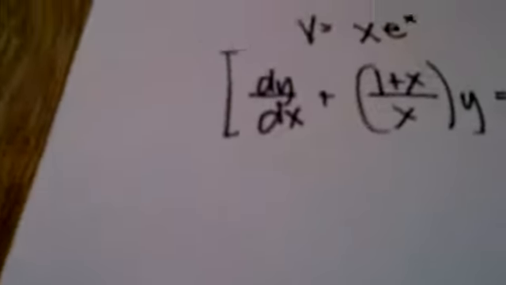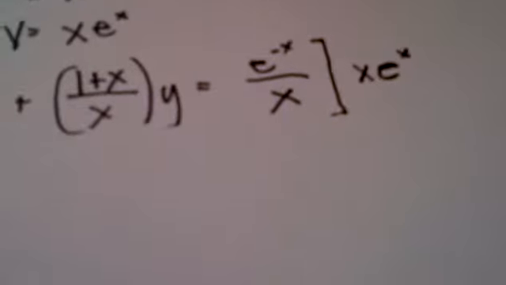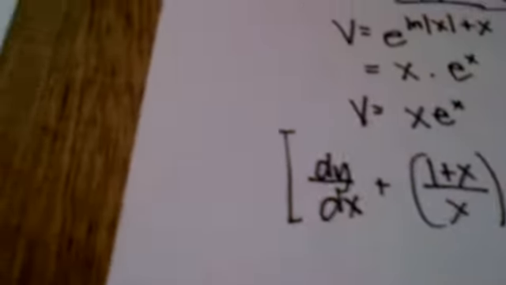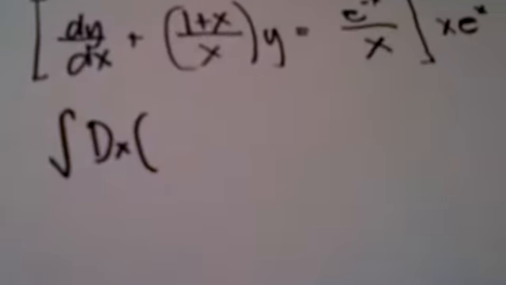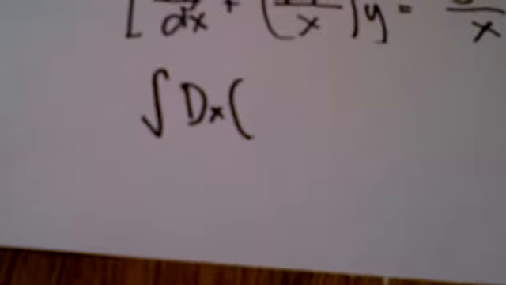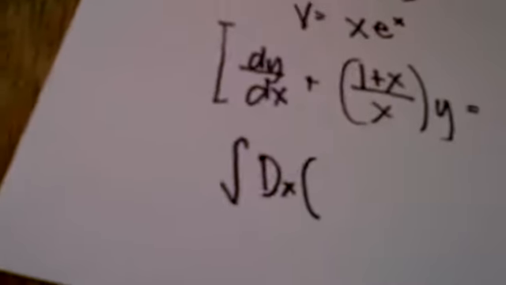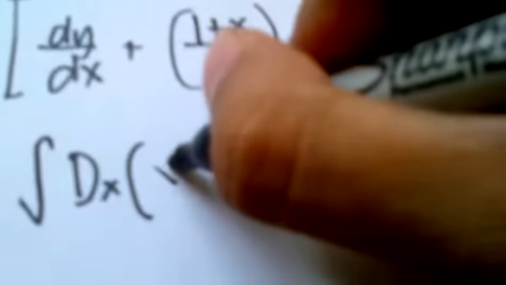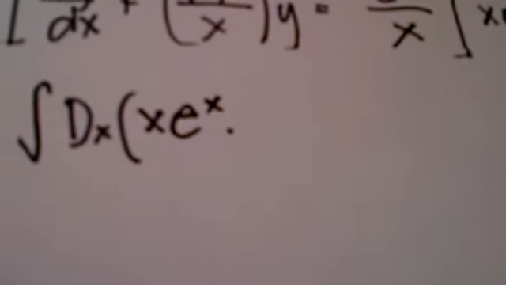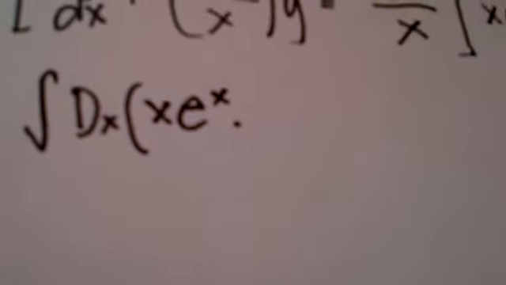So the next step is getting the integral of the derivative with respect to x of the integrating factor, which is x e to the x, times the dependent variable.